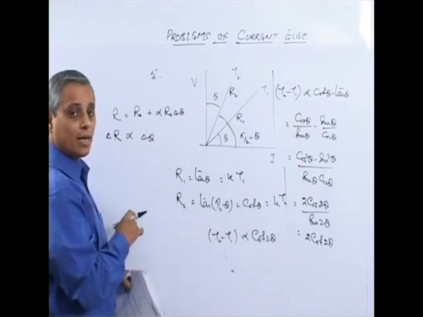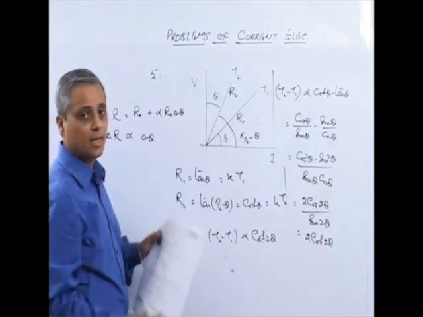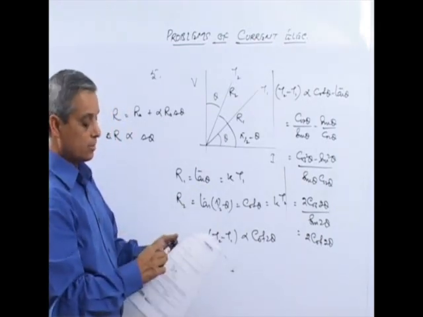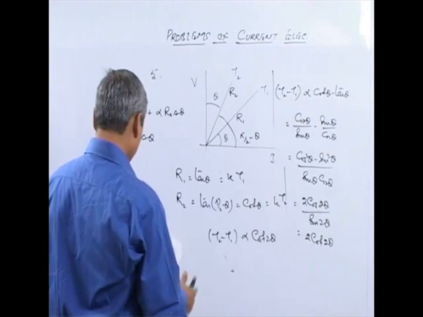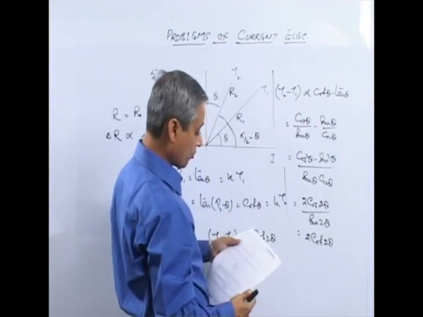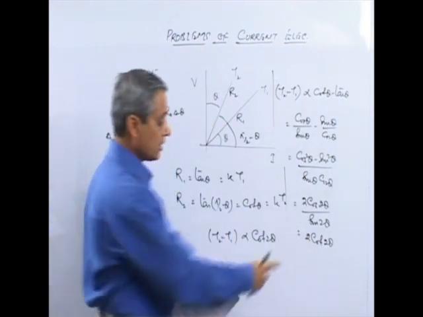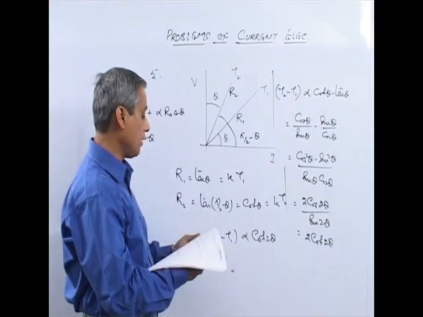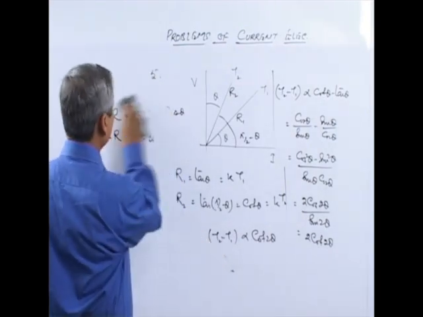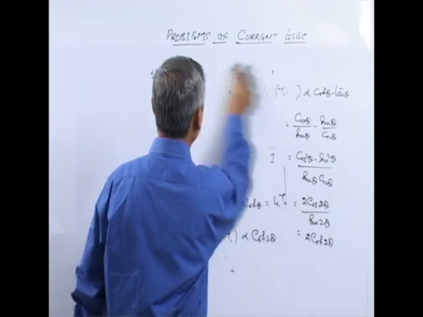So when you calculate delta theta for this delta R, automatically that R naught will be cancelled and you need not worry about that. So this was question number 5, T2 minus T1 is proportional to cot 2 theta. This 2 is a constant, will move out of the proportionality. And then the answer of this question is C.